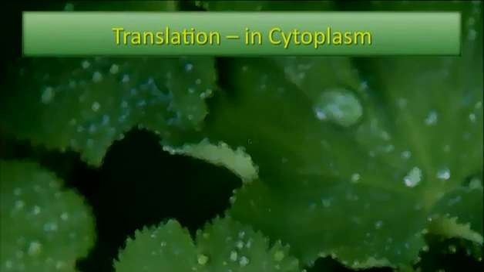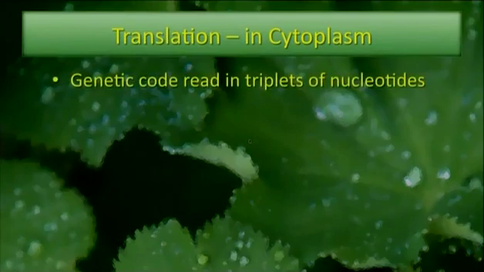Now translation. Transcription allows for the production of mRNA from a DNA template. Translation happens in the cytoplasm. So what happens is that the RNA is processed and becomes mRNA. Then it leaves the nucleus and goes into the cytoplasm.